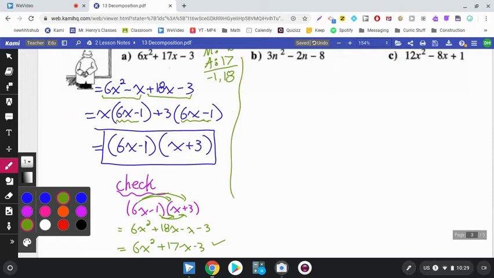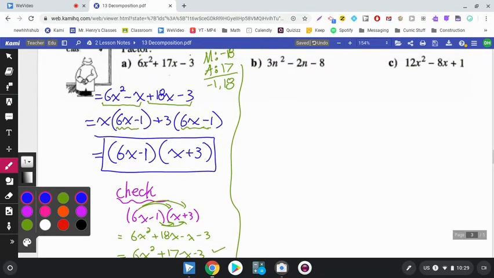Alrighty, I'm going to do B, and then I'll let you do C ahead of me. Okay, 3n squared minus 2n minus 8. Well, multiply to 3 times negative 8, which would be negative 24, and add to negative 2.